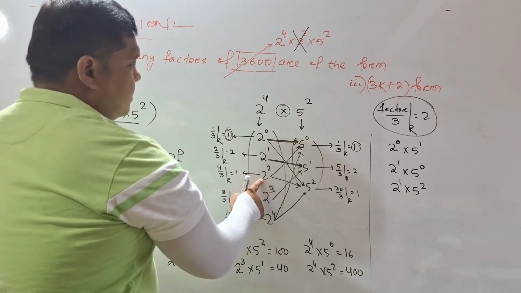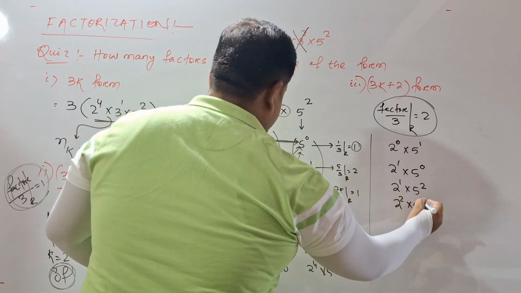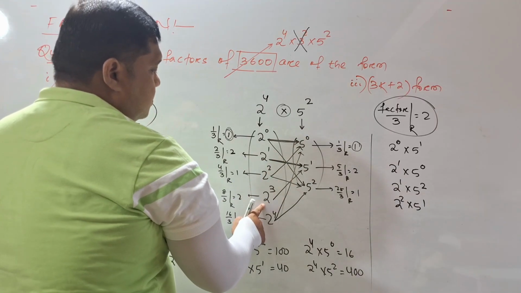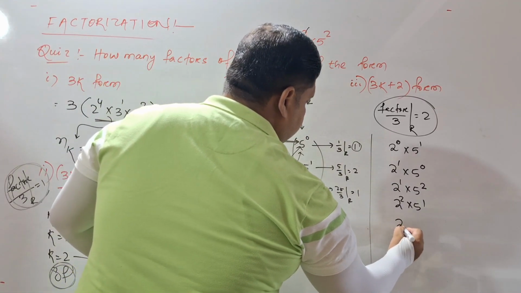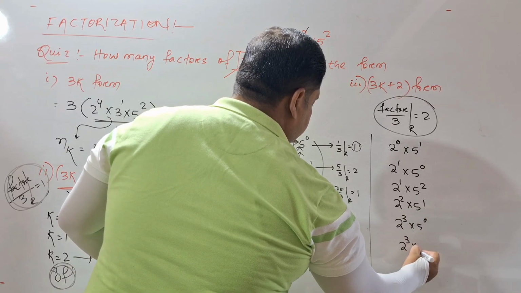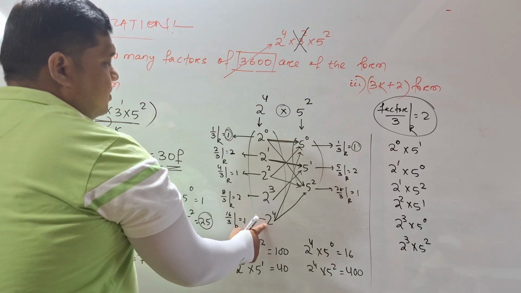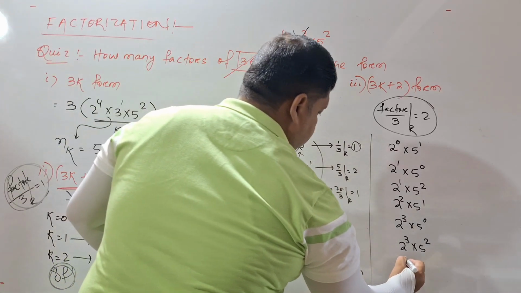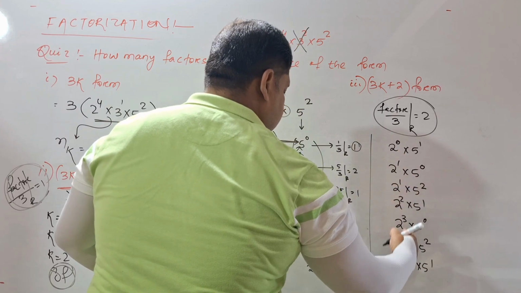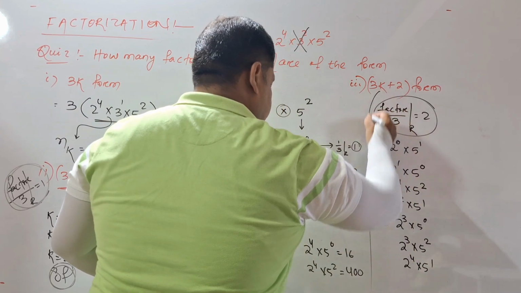Similarly, 2 square into 5 to the power 1. 2 cube into 5 to the power 0, 2 cube into 5 square. Done. Now 2 to the power 4 into 5 to the power 1. So this is 3, 3, 6 plus 1, 7. So 7 factors are 3k plus 2 form.